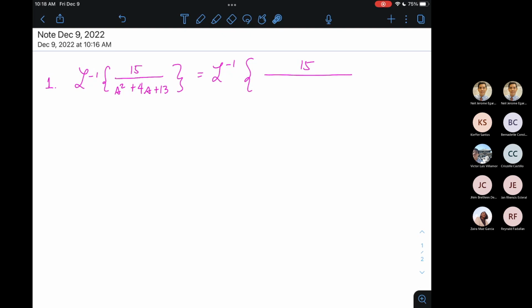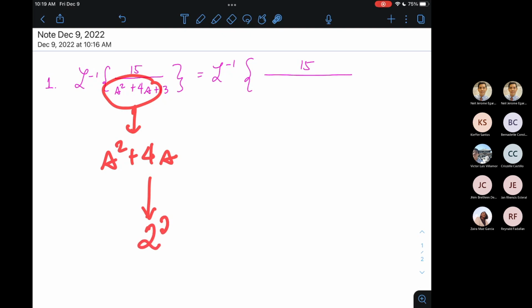So remember, if you already forgot, ang ginagawa natin, tingnan mo to. So meron akong s squared plus 4s. Yung middle term ay 4. Take ko yung half niyan. So 4 divided by 2 ay 2. Tapos i-square ko, meaning the completing term here is 4. Why is it the completing term?